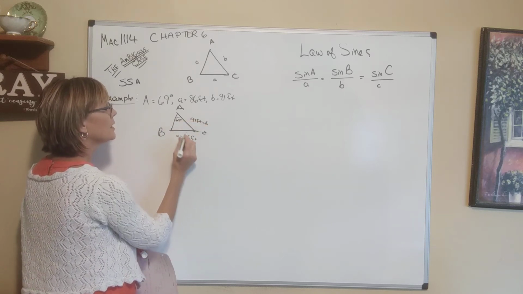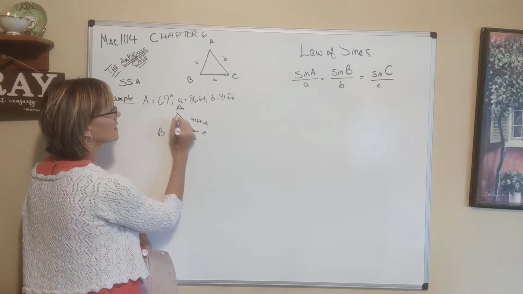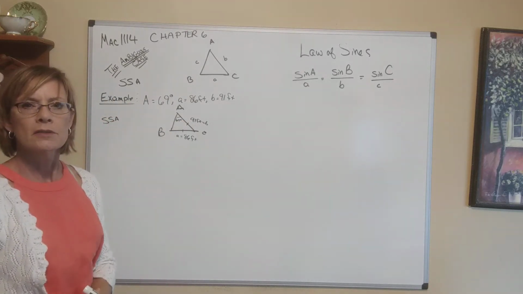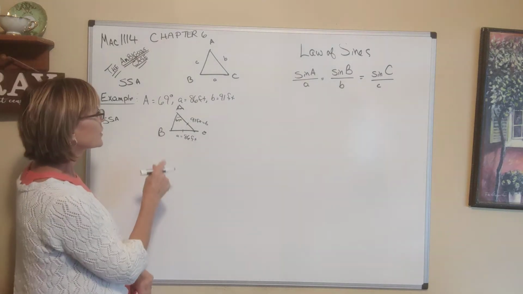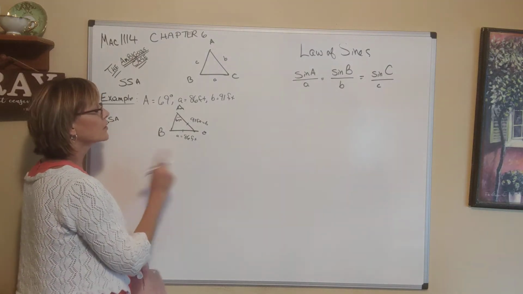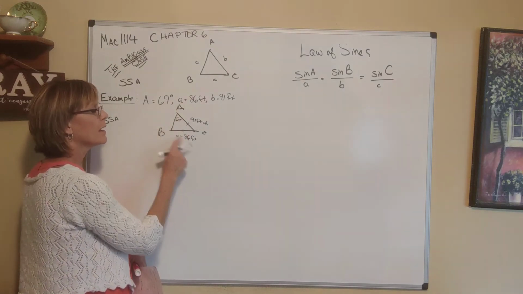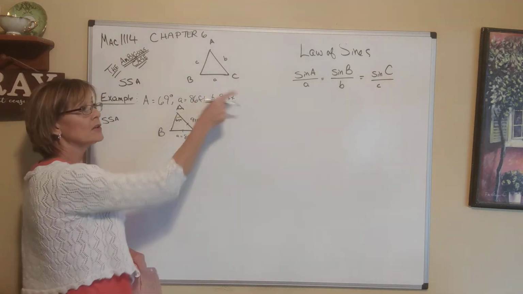That's little b. They gave me side, side, angle. I'm looking at the ambiguous case. Okay, let's go. First, you find the only angle you can with the given information. They gave me everything I need to know about A. I'm going to try to find angle B using law of sines.